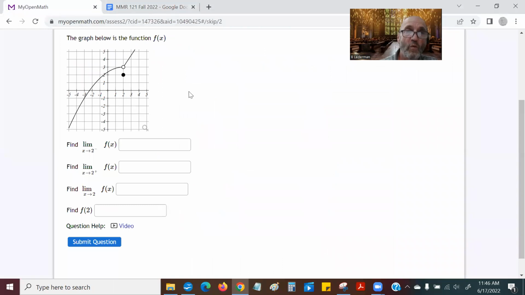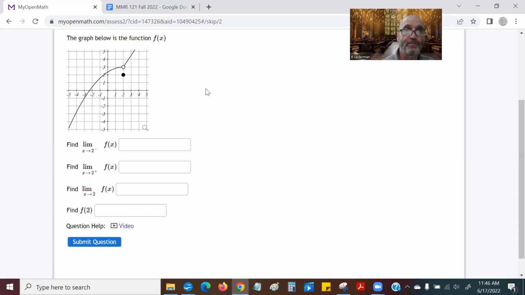Here, we don't know the equation of this curve. We see we have a nice curve, but we were not given any equation, and I wouldn't presume to say what it is just based on a picture.